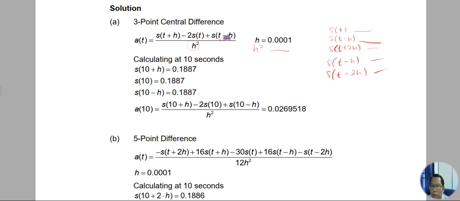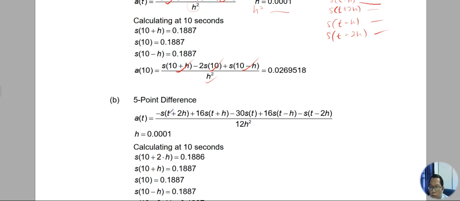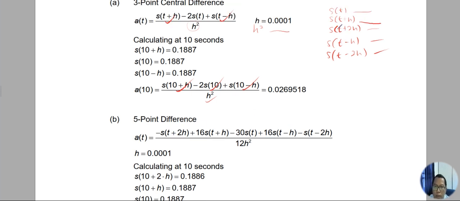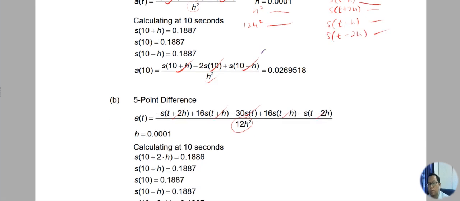So we get this one, this one, this one. Okay, t plus h, t, and also t minus h, h power of 2, and this one t plus 2h here, as t plus 2h, t plus h, t minus h and t minus 2h, and also 12h power of 2. So 12h power of 2.